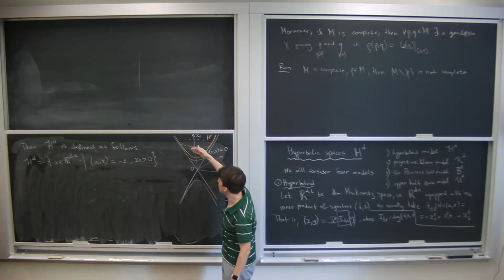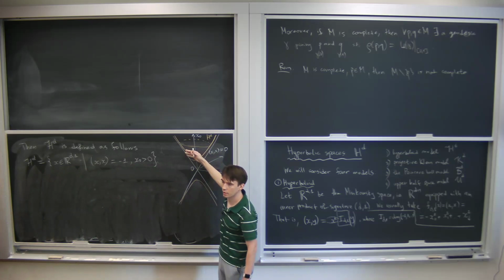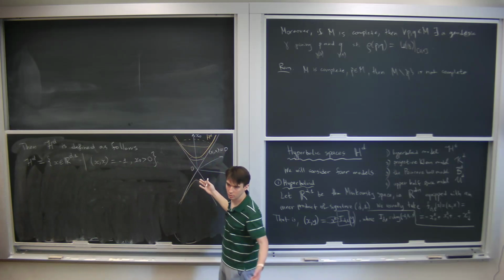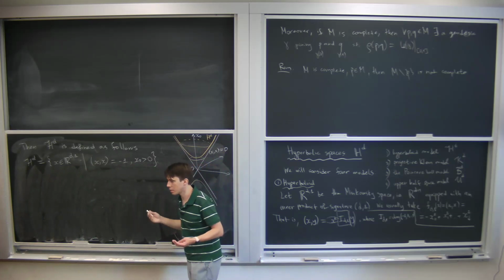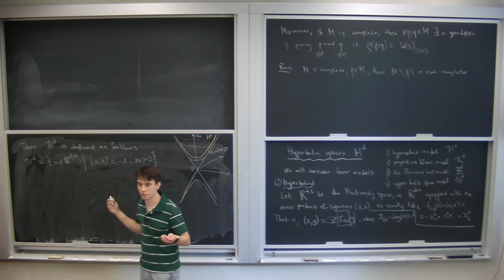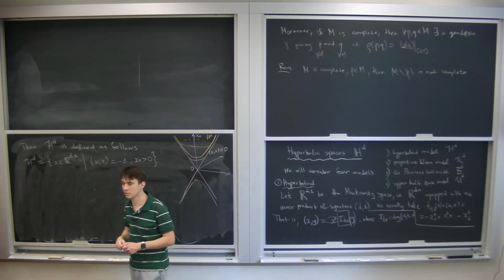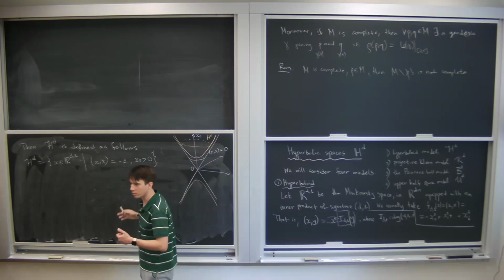We will find out what the tangent planes are to this submanifold, to this space HD. We will define the metric, and again, we will see what the geodesics, geodesic planes, isometries, and so on are.